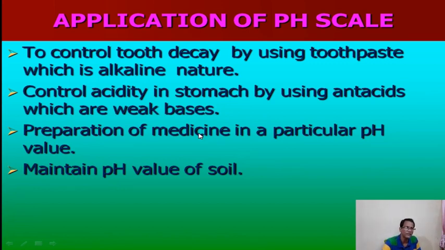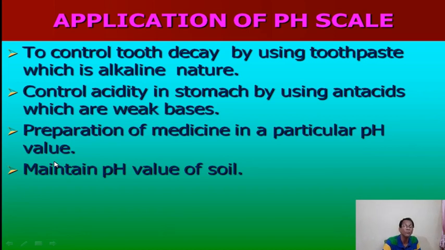Preparation of medicine. We prepare medicine at different pH values. It is required to know how much pH is effective for curing a disease. That is why pH calculation is very important. Maintaining the pH value of soil. Soil may be acidic; in some cases acidic soil is required, in some cases basic soil, in some cases neutral soil. So how can you do it?